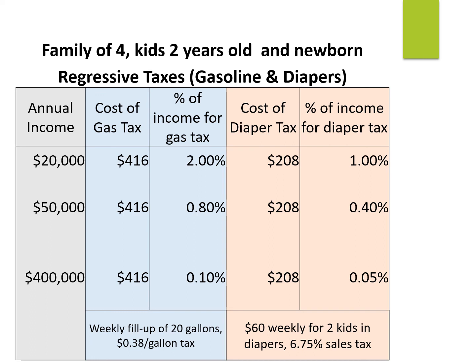But if you say, well, it's a sales tax and it's just a flat tax per gallon of gas, or a flat tax on the cost of diapers or something like that, it sounds more fair. But it is quite problematic, and many people don't like regressive taxes for that reason.